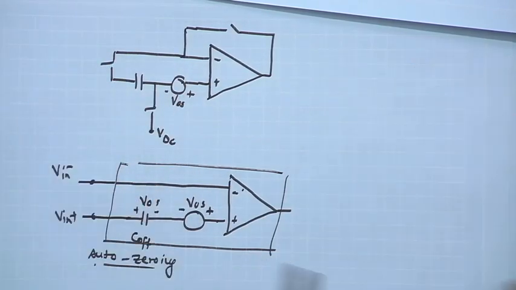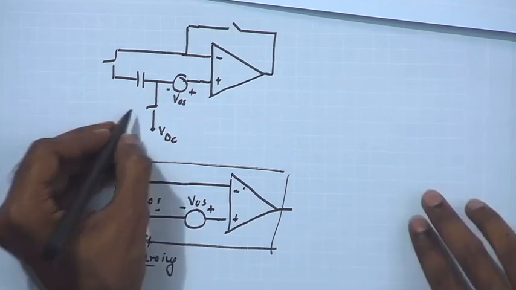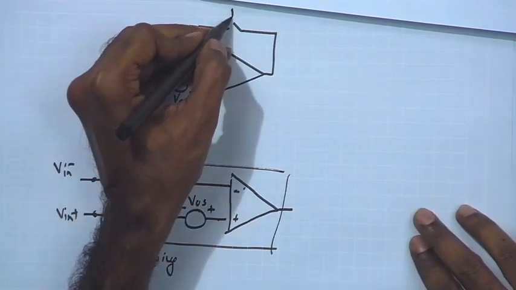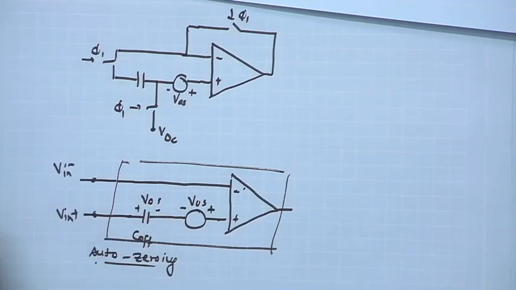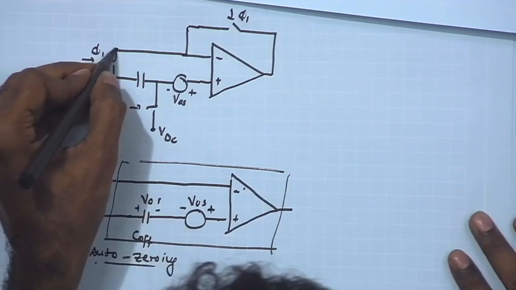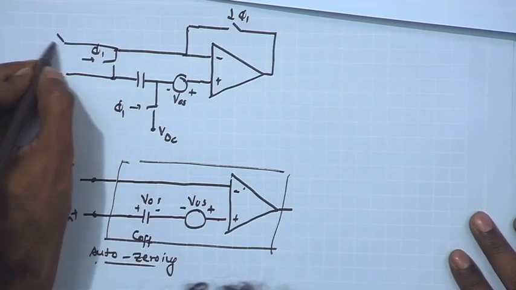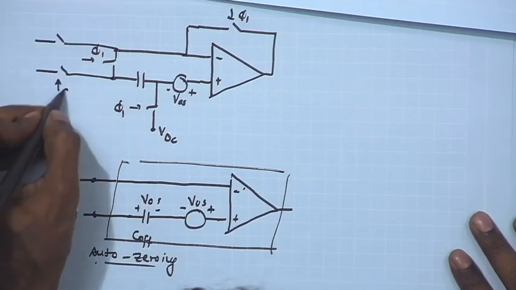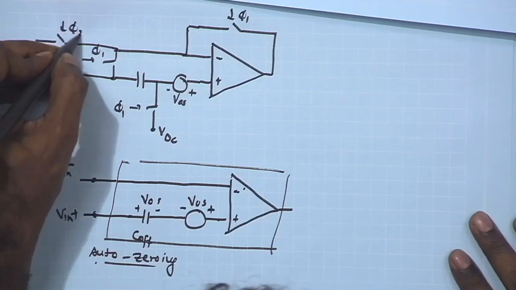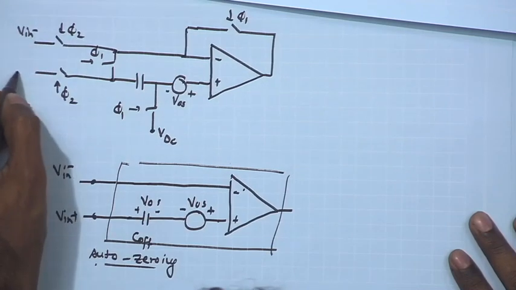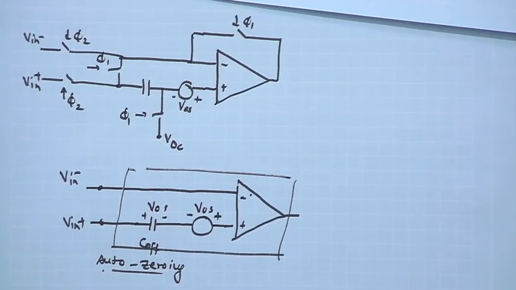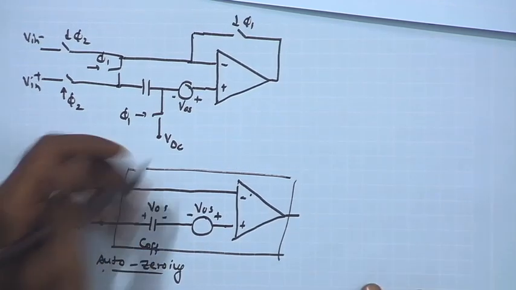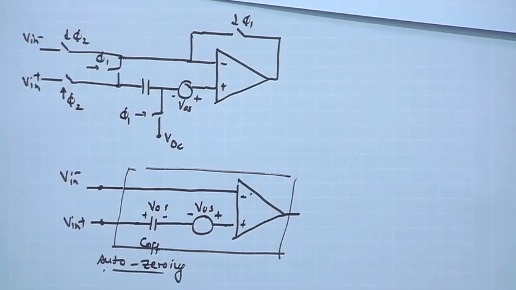So, these three switches operate or get on in the phi 1 phase, and then you have the other two switches which get on in the phi 2 phase. So, this is the overall scheme that can help us in cancelling the offset in the amplifier using the auto zeroing scheme.